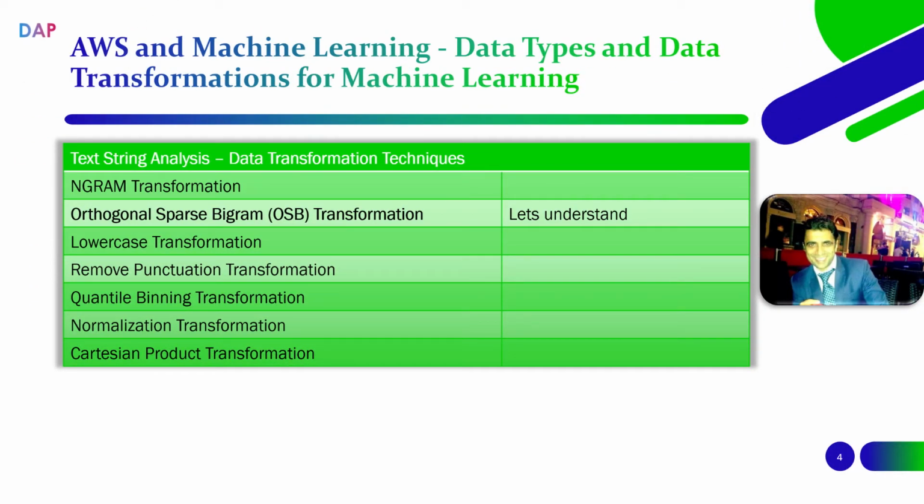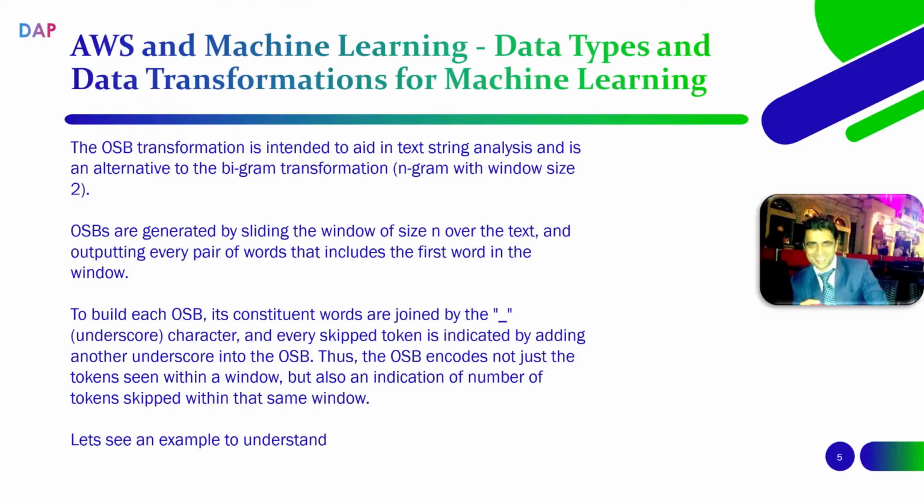You see we have already seen n-gram transformation, and now let's understand orthogonal sparse bigram transformation. Let me put it crisp and clear, to the point.